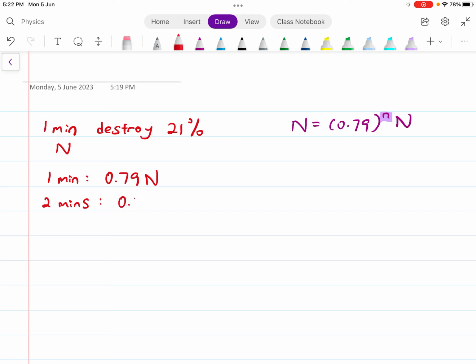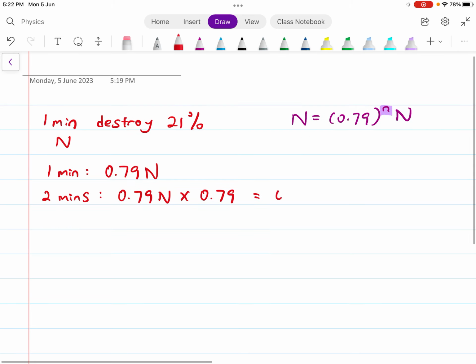So 0.79 multiplied by 0.79 gives 0.79 squared N, which is the bacteria alive after 2 minutes.